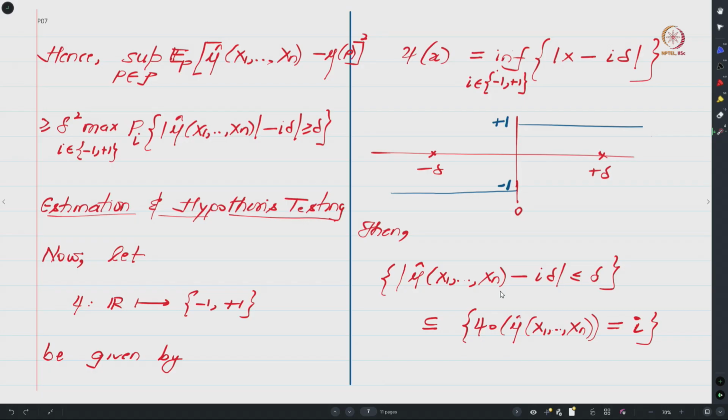So this algorithm that we have will spit out a number, and this number will lie somewhere on the real line.